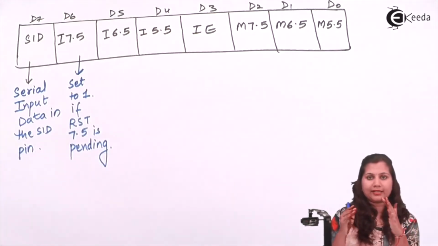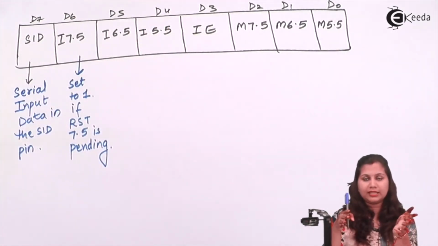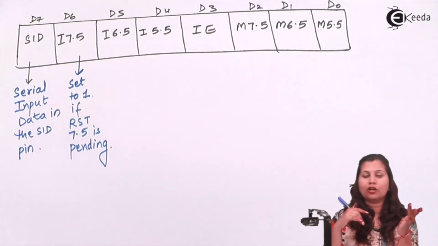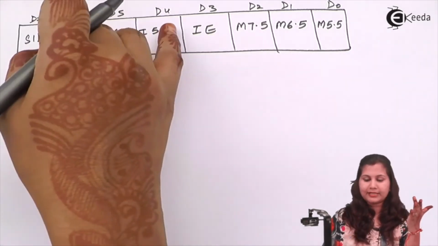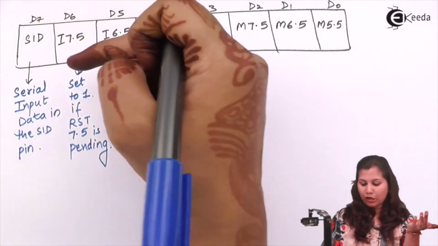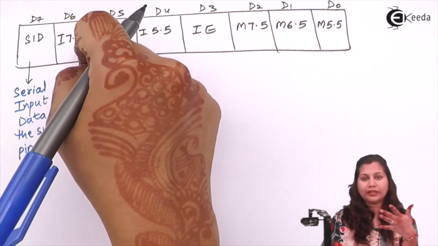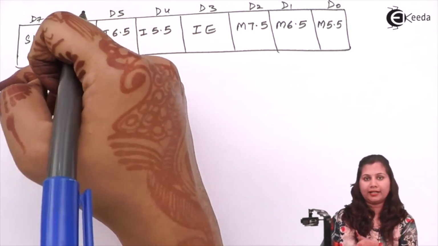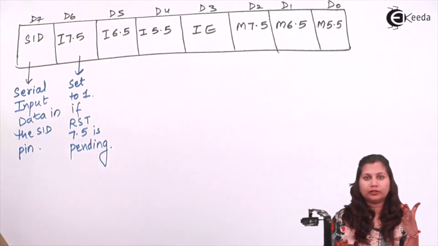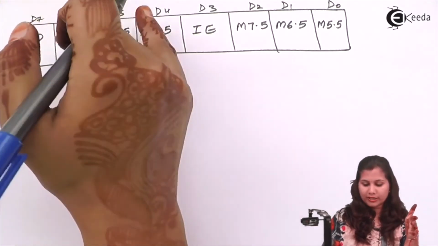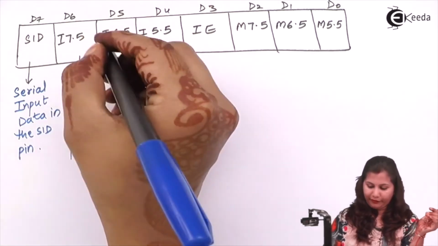Suppose TRAP and RST 7.5 are simultaneously given to the microprocessor. The microprocessor will first execute TRAP because it has the highest priority, and at that time RST 7.5 will be pending. So this bit will become 1, showing the microprocessor that RST 7.5 is pending. It will first execute the TRAP and then acknowledge this RST 7.5.